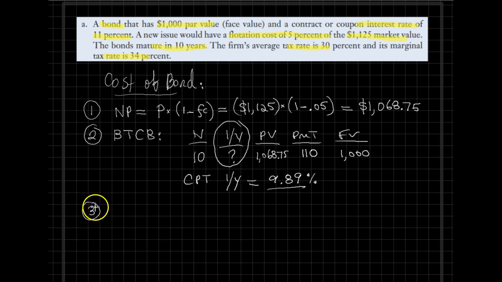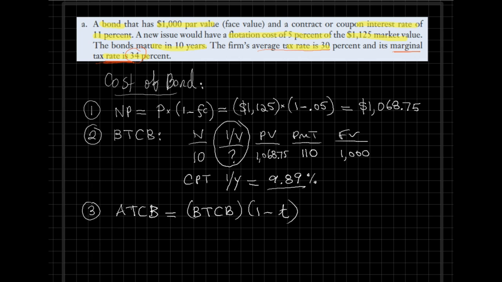Now finally we can use the formula for the after tax cost of the bond, which is the before tax cost of the bond times 1 minus the tax rate. We need to pay particular attention to which tax rate to take, because we are provided with both the marginal tax rate and the average tax rate. For the calculation's sake, we will be using the marginal tax rate.